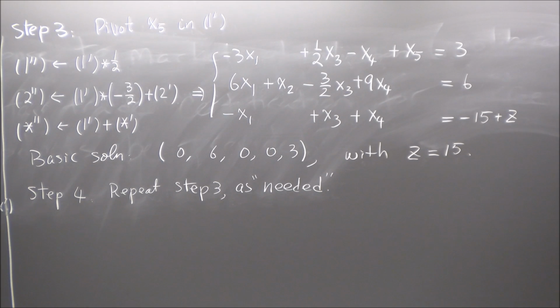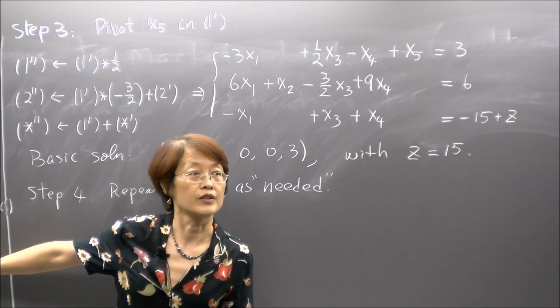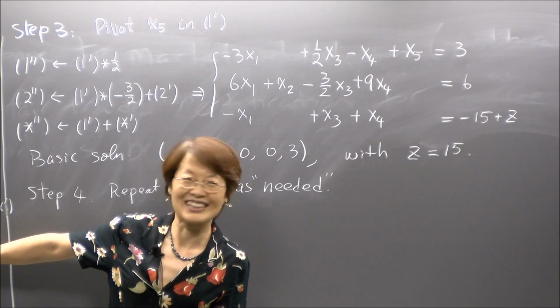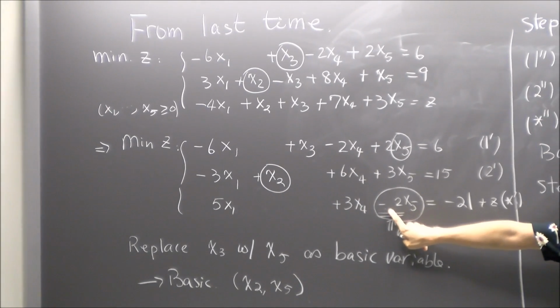Any comments? So what gave away in step 3 when we figured out we could improve z further? Is this negative coefficient, is that right?